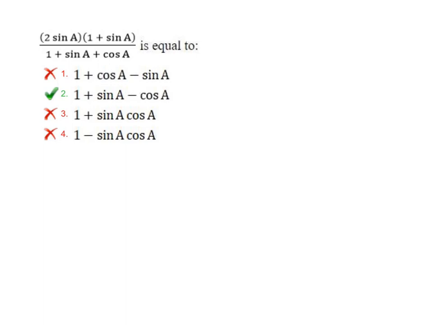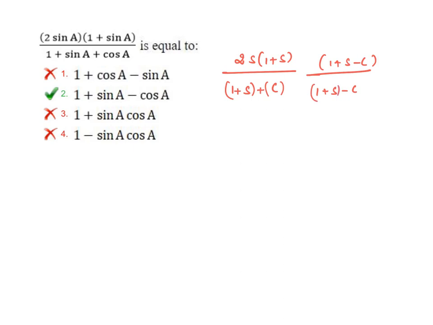2 sin A into (1 plus sin A)/(1 plus sin A plus cos A). I am writing it as 2 sin A, (1 plus sin)/(1 plus sin plus cos). Multiply it with (1 plus sin minus cos)/(1 plus sin minus cos). Look at the denominator. It becomes (1 plus sin) whole square minus cos square. That is 1 plus sin square plus 2 sin minus cos square. 1 minus cos square becomes sin square.